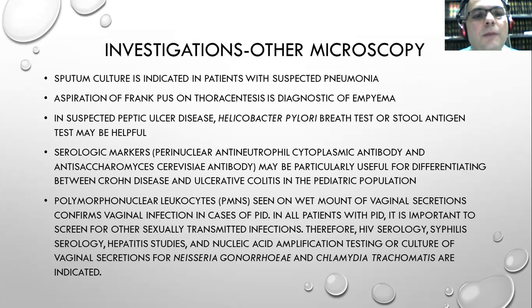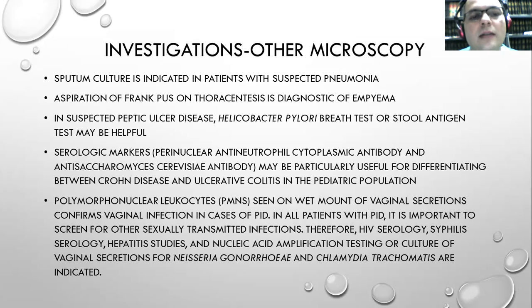In suspected peptic ulcer disease, we should get the juices tested for Helicobacter pylori, and we should do a breath test or a stool antigen test for Helicobacter, which might be helpful in diagnosing that organism.